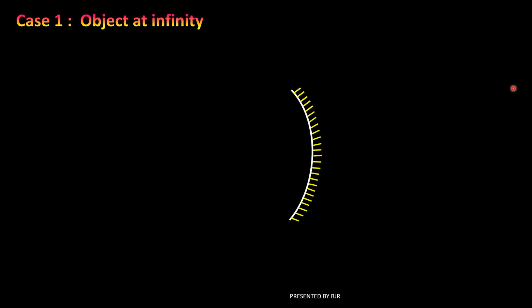And here is the same ray diagram I am drawing by using the symbol of the concave mirror. It is easy for us to draw the ray diagrams by using the symbols. So this is the symbol for the concave mirror, and this side it is painted or silvered, and this white part is the curved surface.